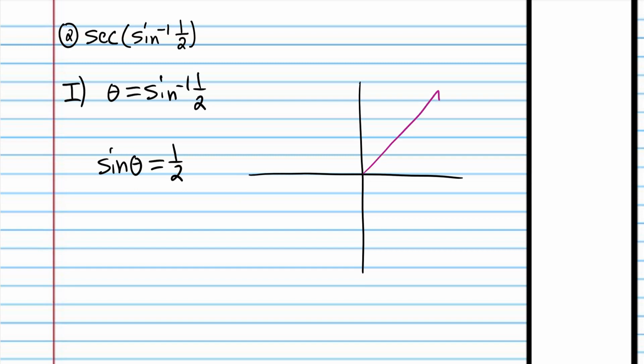and I know that if sine is positive 1/2 in this case, if it's positive, then the triangles have to be in the first and second quadrants. And the reference angles are going to be 30, and sine is opposite over hypotenuse, so the opposite side has to be x. That represents 1. And the hypotenuse is 2x, and obviously the adjacent sides are negative x root 3 and x root 3.